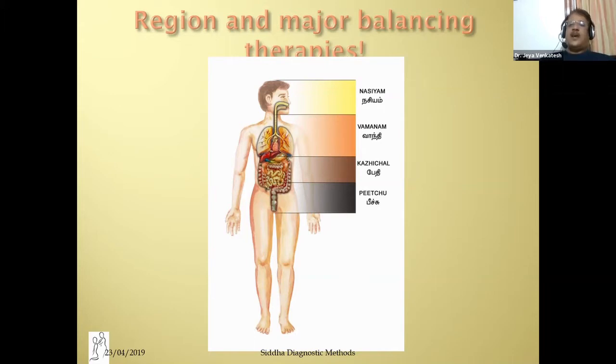And finally, the diseases seen below the umbilicus and up to the pelvic area can be treated with enema, that is pichu. These are the four important methods according to the symptomatic representation received from the patients. We are starting the first line of treatment to eliminate the increased humors, which are dominant in nature.